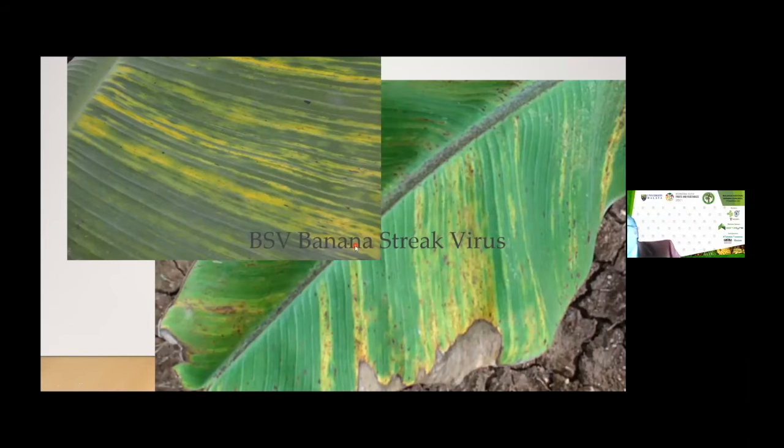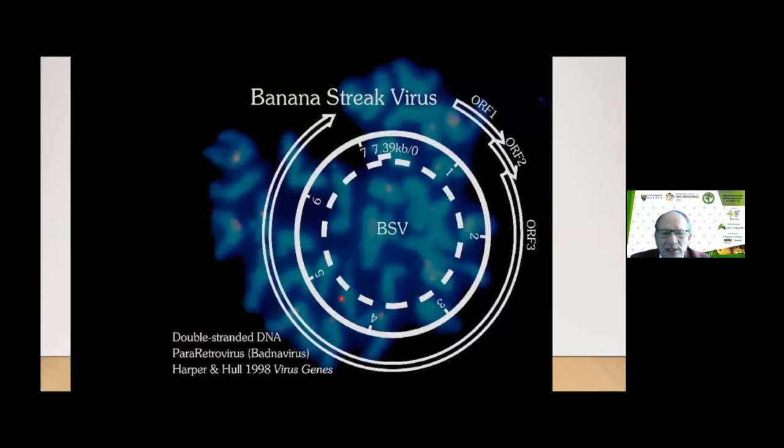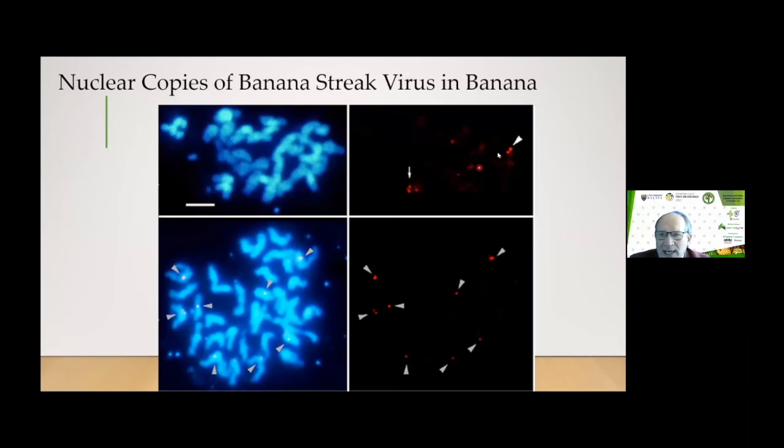Another piece of work I want to talk about was the banana streak virus, which gives these symptoms on leaves and eventually no yield. It is a small double-stranded DNA virus, with about a 7,000 base pair genome, which is integrated into the plant genome.